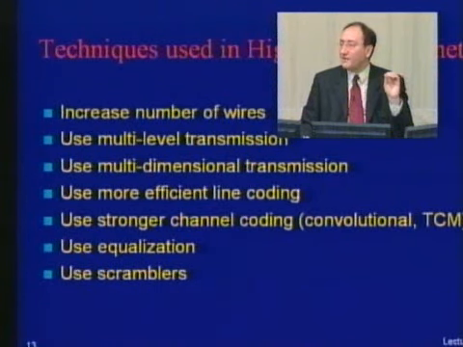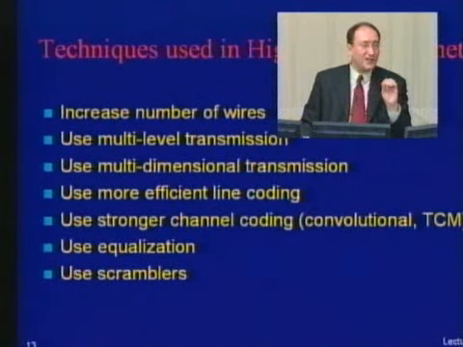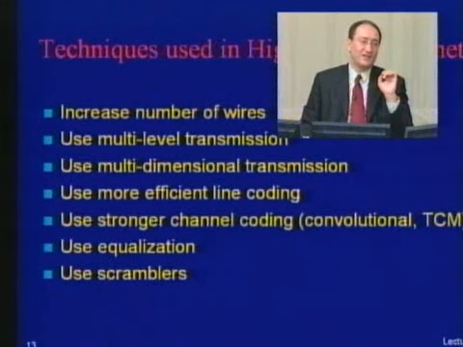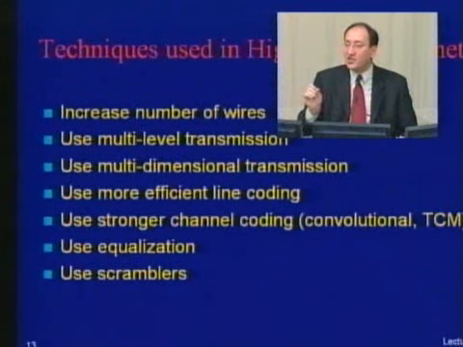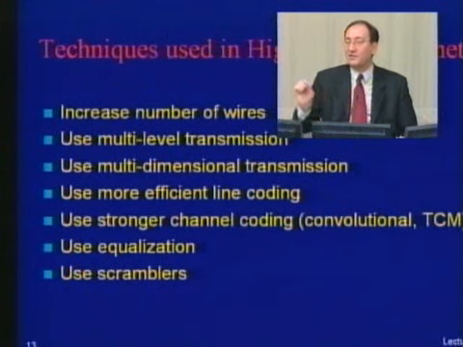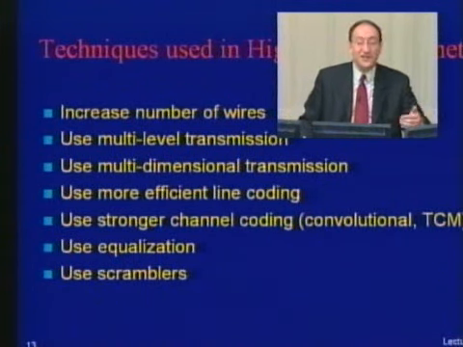If you have scramblers, your timing error becomes lower. When you go for very high speeds, they put that in there too. So you reduce the jitter in sampling your received signal. These are the tricks that they are playing.